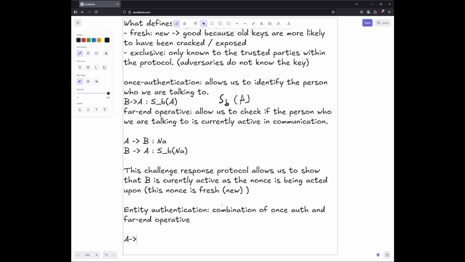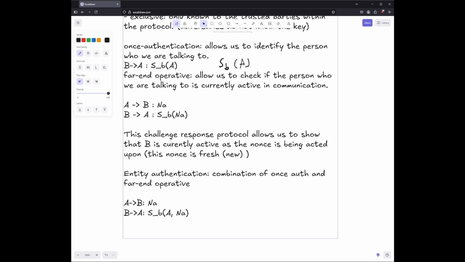Basically, we send the nonce to B, and B must respond and must send the nonce as well.